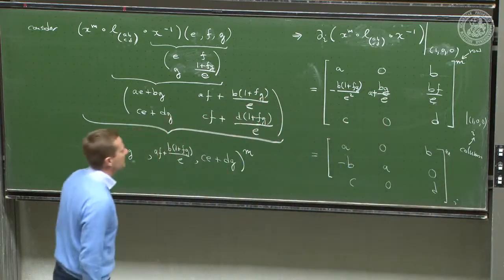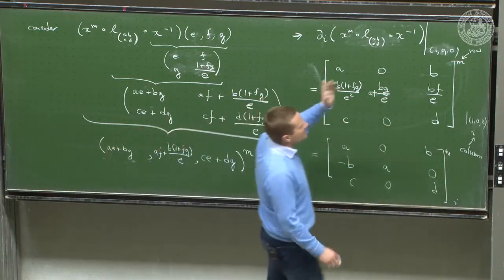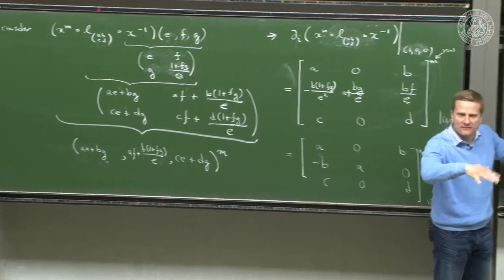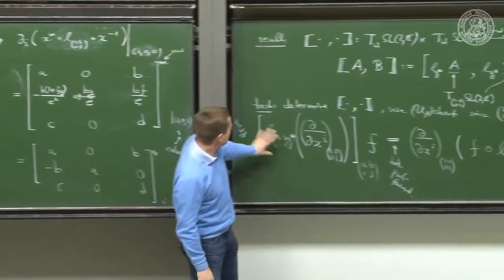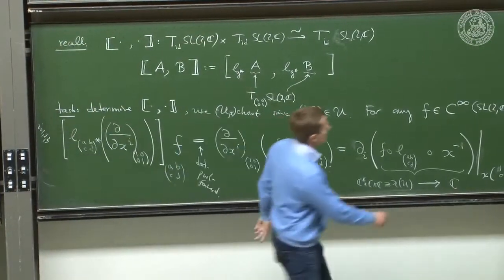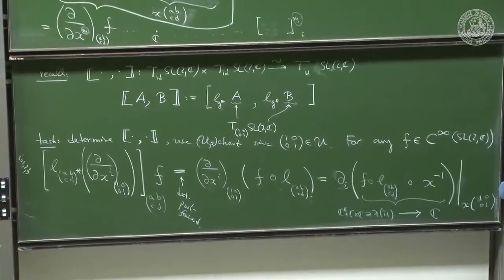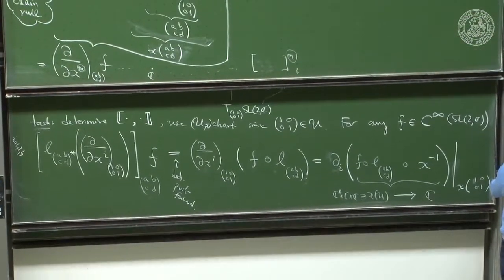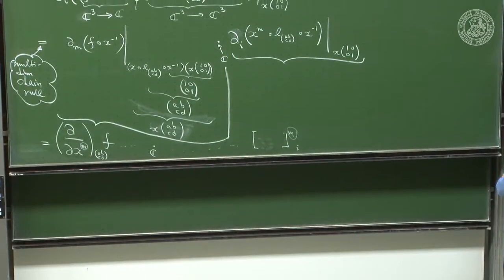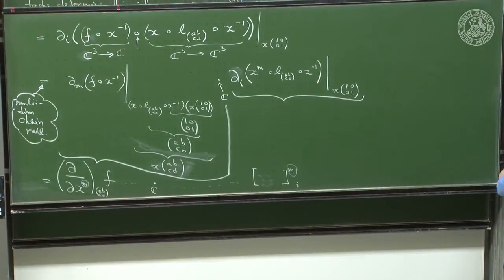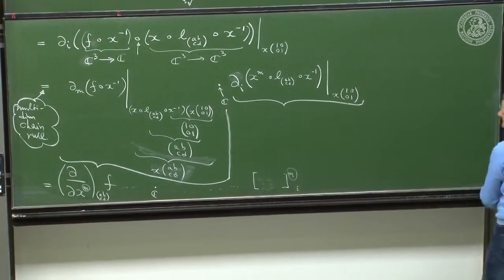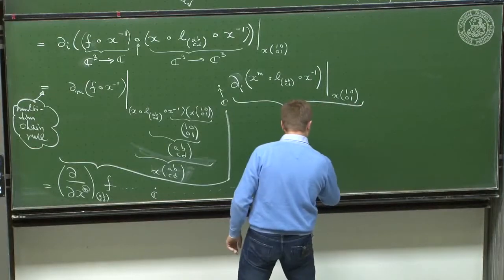Much simpler. So of course this is the only stuff that now depends on the point where the field is. And you see this guy acting on an F yields this guy here. So now let me take this down here again. It's much easier to write down our final result of this calculation.